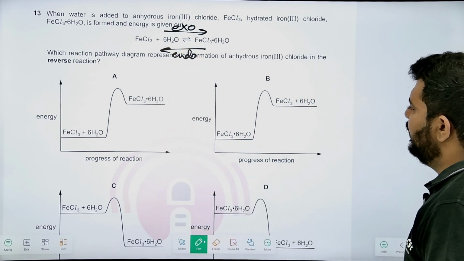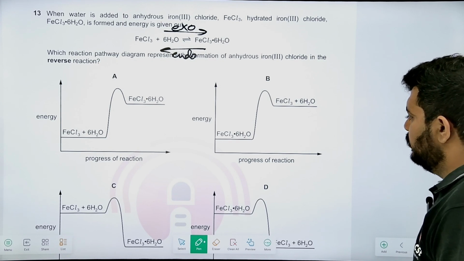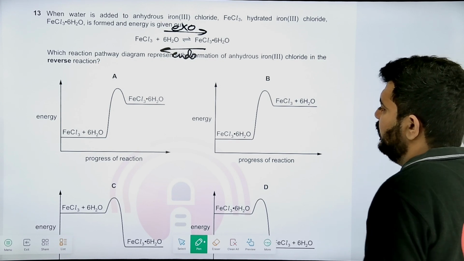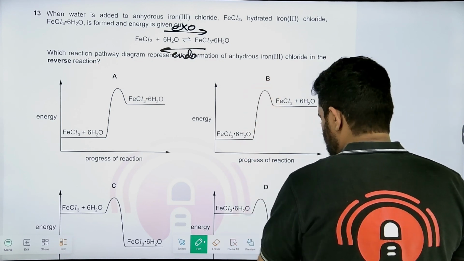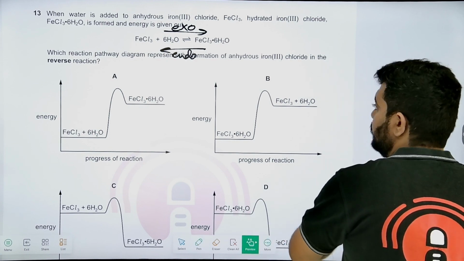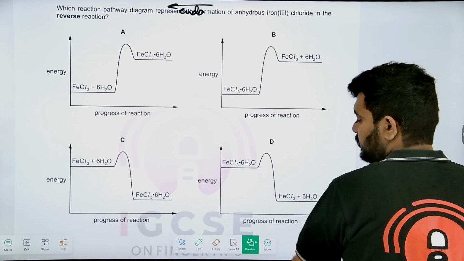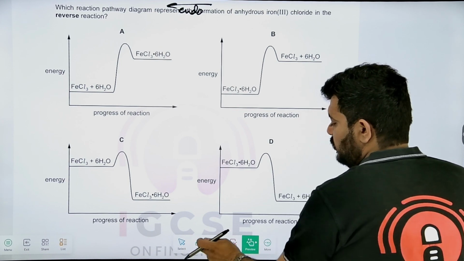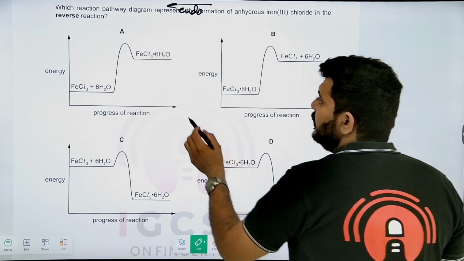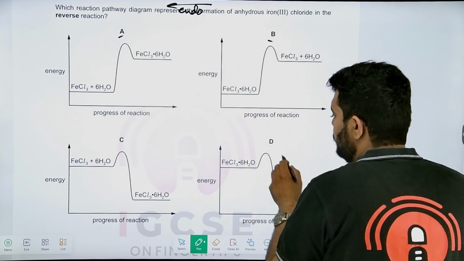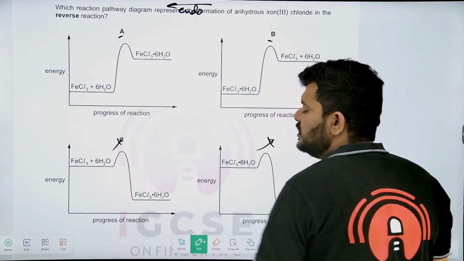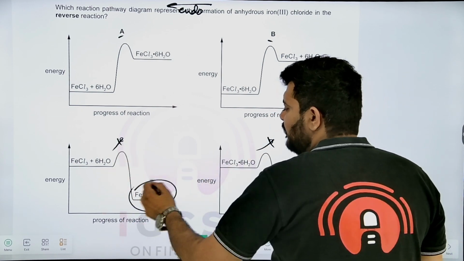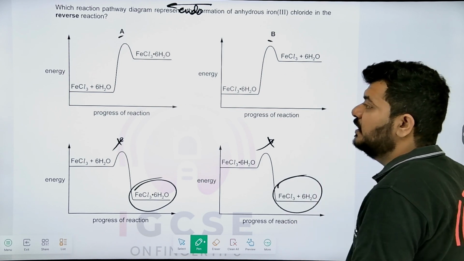Let's look for endothermic reactions. Okay, so you have, see, let's first, yes, okay. Can we all agree that only A and B are endothermic? D is exothermic and C is exothermic because products have lesser energy than reactants.